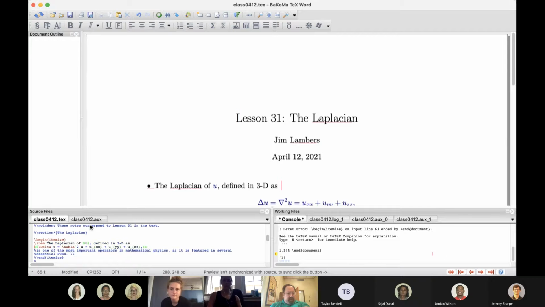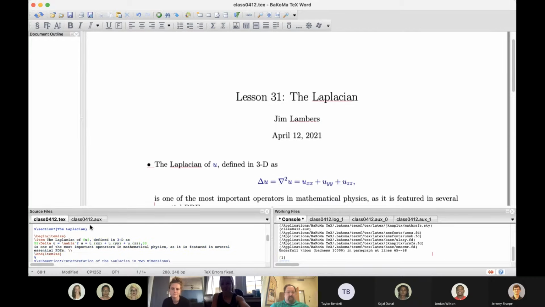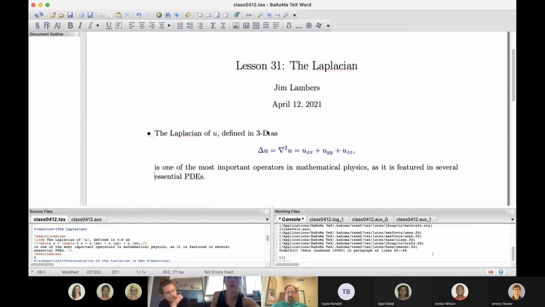So today I'm going to be talking about the Laplacian. In any number of dimensions, the Laplacian, we've certainly seen this before, as it plays a key role in both the heat and wave equation. In one dimension, it's just uxx, but in general, it's the sum of all the second partial derivatives with respect to the same variable twice.